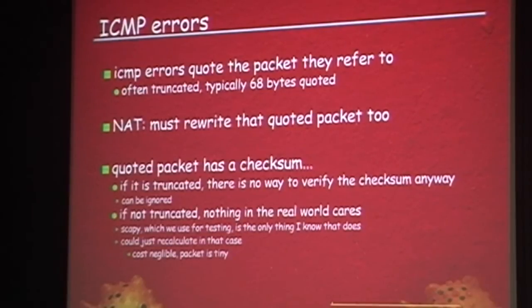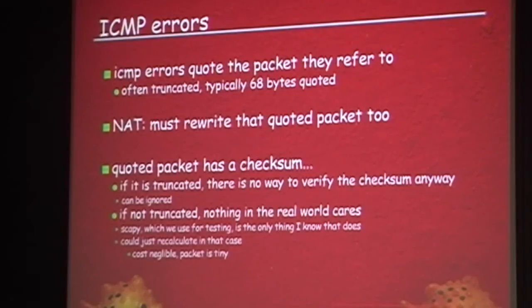Now, when we do NAT, it's kind of obvious that we don't just have to rewrite the addresses on the outside. We also have to rewrite the addresses in the quoted packet, because otherwise the sending host cannot match this ICMP error to the TCP connection. But when we rewrite the addresses, well, that quoted packet, of course, has a checksum.